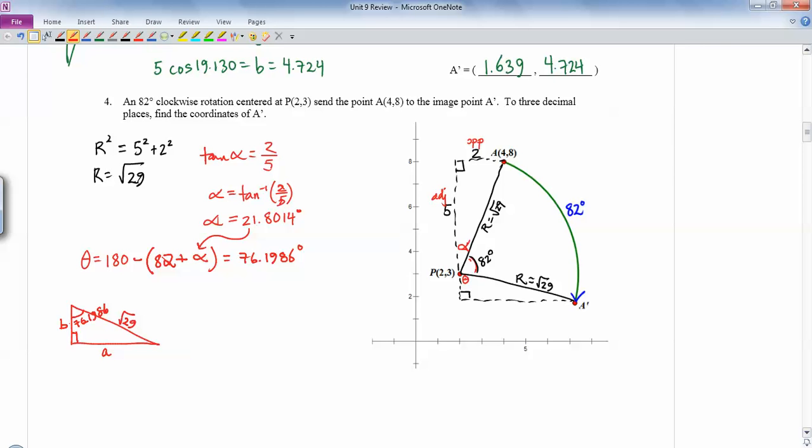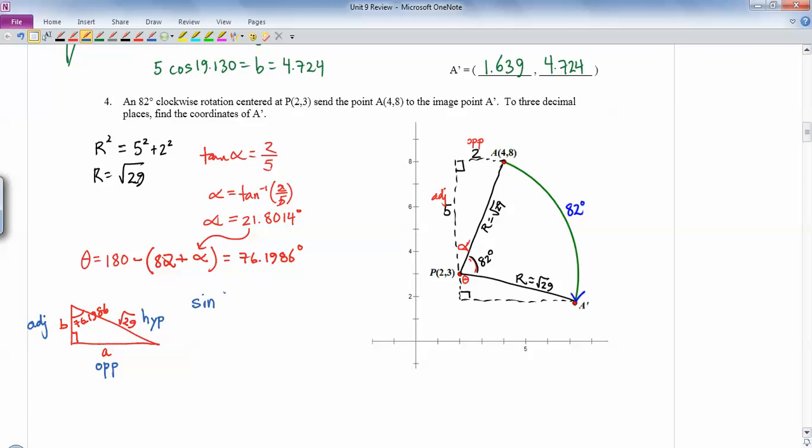So let's see. A is the opposite. B is the adjacent. This is the hypotenuse. So if I wanted to solve for the opposite side, I've got to use the one side that I know. So we'll do opposite over hypotenuse, that's sine.